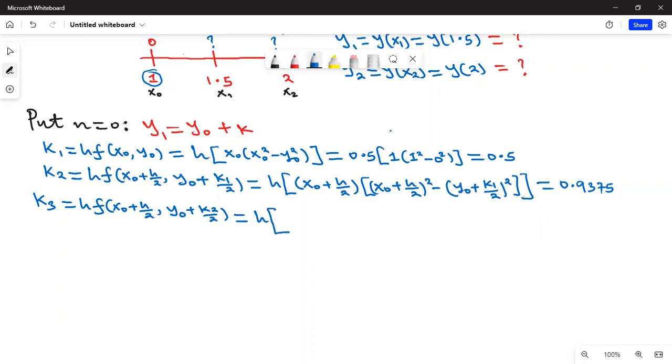So this should now give us x naught plus h over 2 times another x naught plus h over 2. Now this is squared, minus y naught plus k2 over 2 squared. When you substitute those values and you press in your calculator, you need to get K3 is equal to 0.839233.